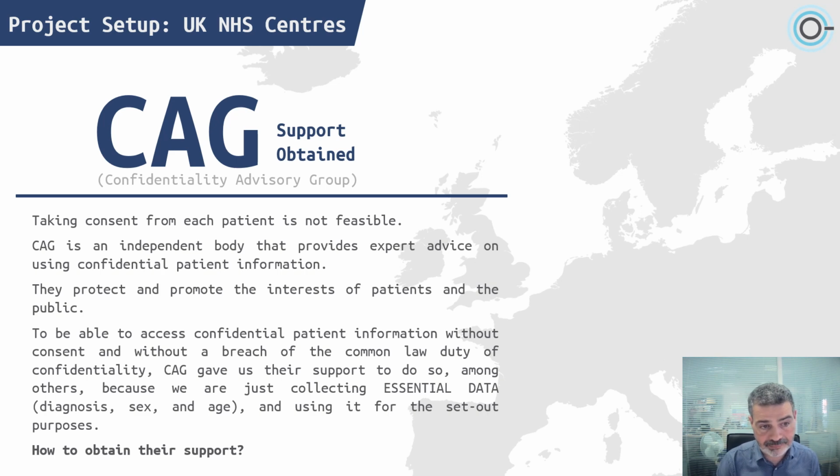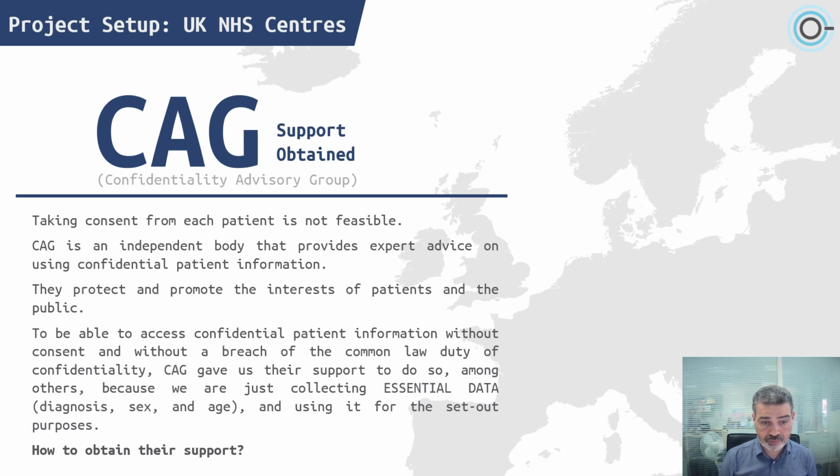CAG is an independent body that provides expert advice on using confidential patient information. They protect and promote the interests of patients and the public, and this mainly regulates the possibility to access confidential patient information without consent and without a breach of the common law duty of confidentiality.